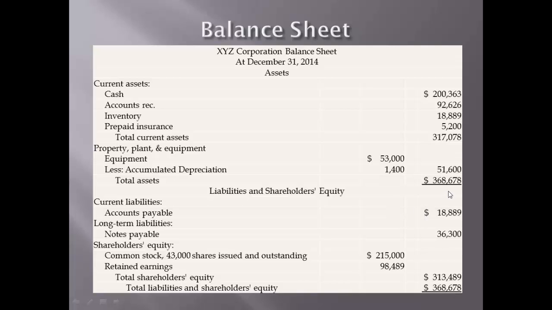Now, assets are the uses of funds, and liabilities and shareholders' equity represent the sources of funds, which means that all the assets, which total 368,678, were financed using either liabilities or shareholders' equity.